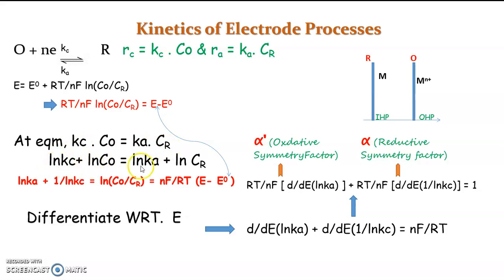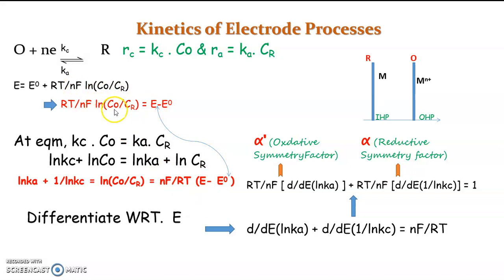If I take the logarithm on both sides, we will get this equation, and by converting the equation, we will get a new equation as ln Ka plus ln Kc equal to ln of the concentration of oxidant by the concentration of reductant, which can be equal to nF by RT into E minus E0 from the previous equation.